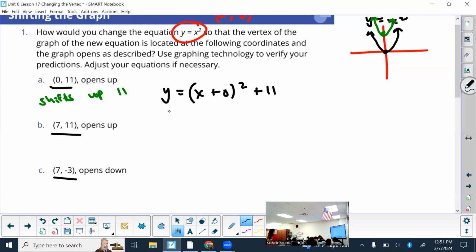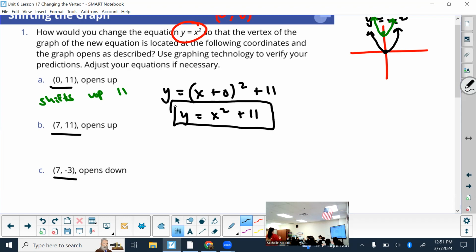Okay, good. I would just condense that to just x squared plus 11, because normally we don't write plus or minus 0, we just write that number. If it's going up 11 and that's all it's doing from the parent graph, then we just add an 11 to it. We don't put it in parentheses with the x.